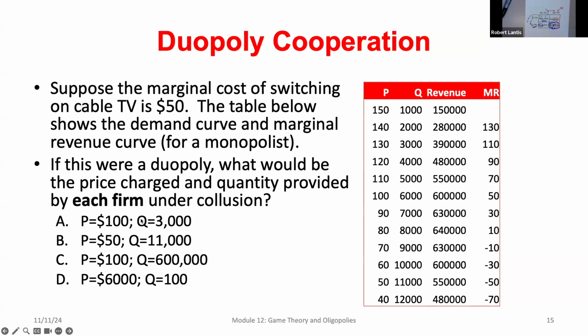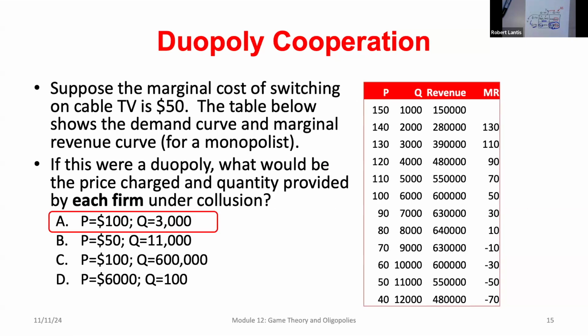Well, if there's two firms, that means each of us should be producing not 6,000, but 3,000. So we would still identify where the monopoly profits would be, just the same way we would before, but now each firm is only going to be producing half of that because we have two firms. So they're both set a higher price and they're both going to be selling 3,000 units. They would then split monopoly profits.